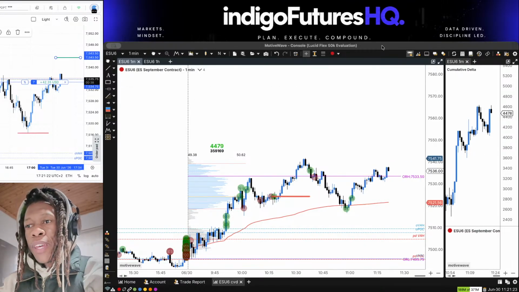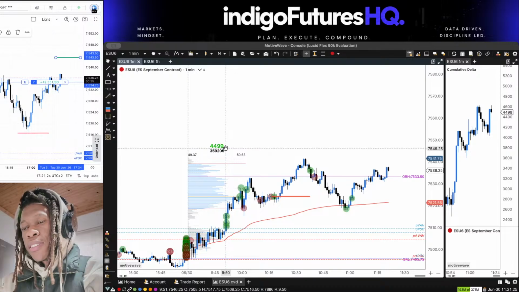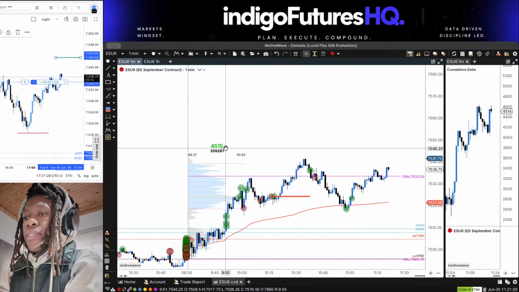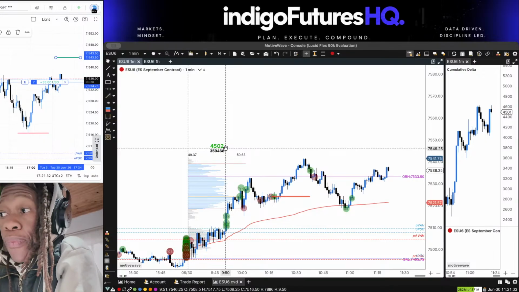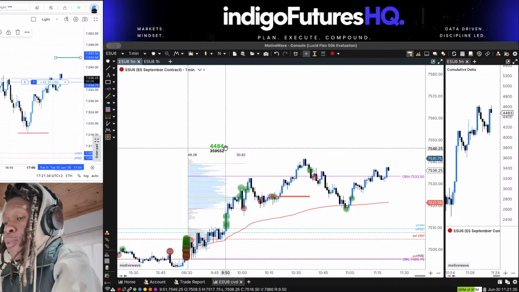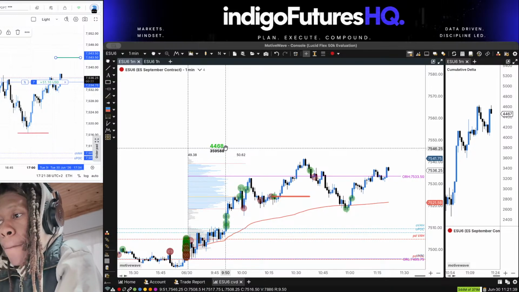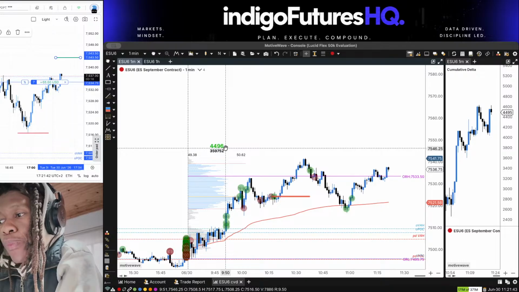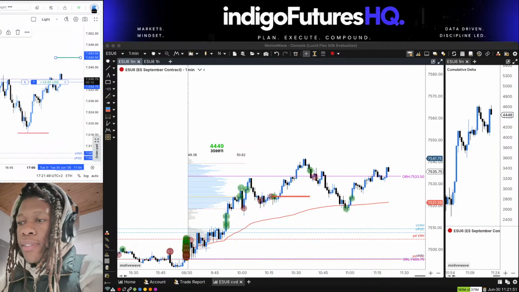So again, just have to watch the delta. But initial balance so far seems to have held. Maybe we could start thinking about levels above 554, but it would be greedy.